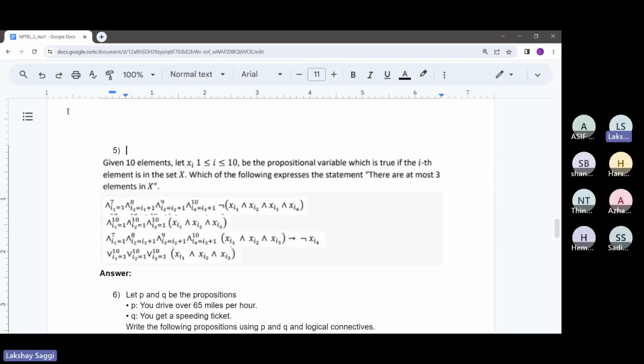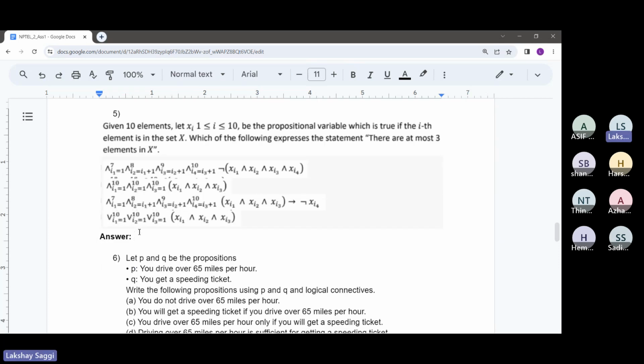So we are given 10 elements. Out of that, we are choosing some elements in set X. And now using the propositional variables x1 to x10, I want to say the statement that there are at most 3 elements in X. Okay, it makes sense. Nice.